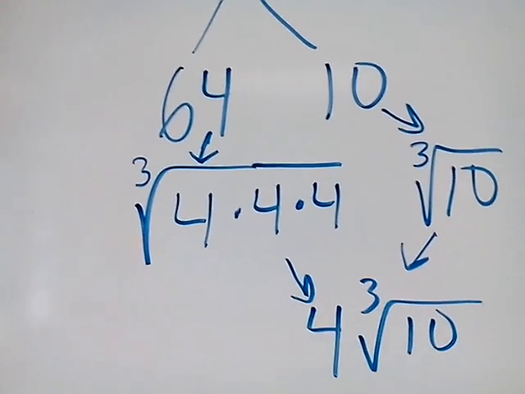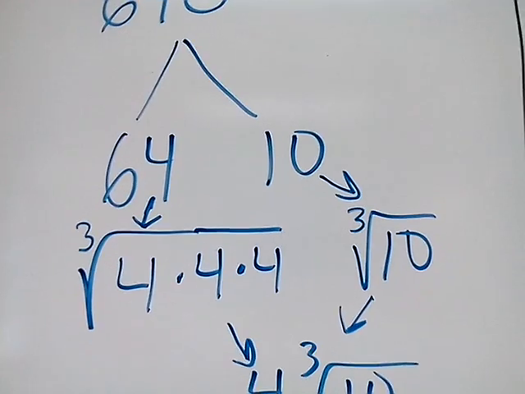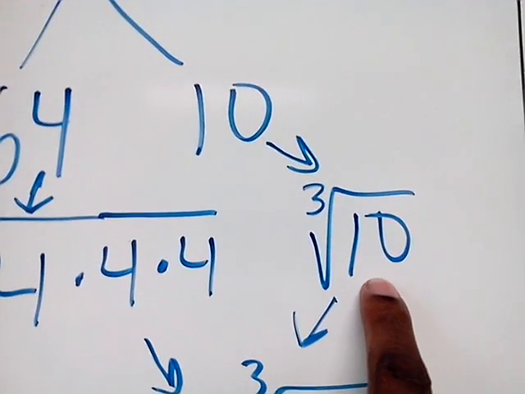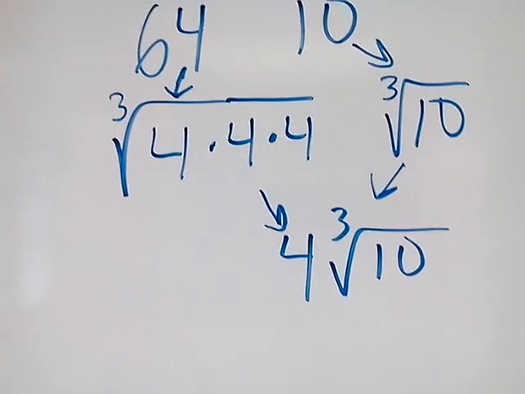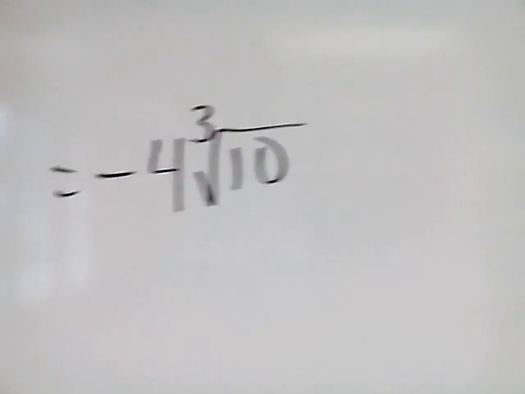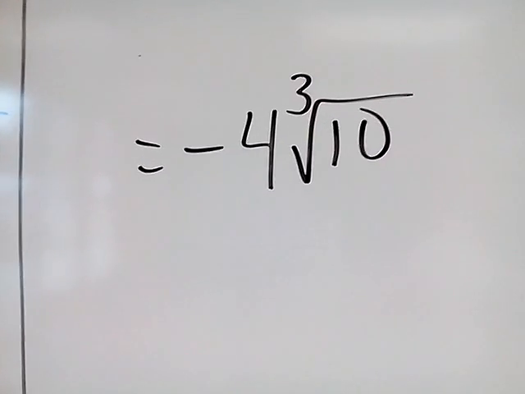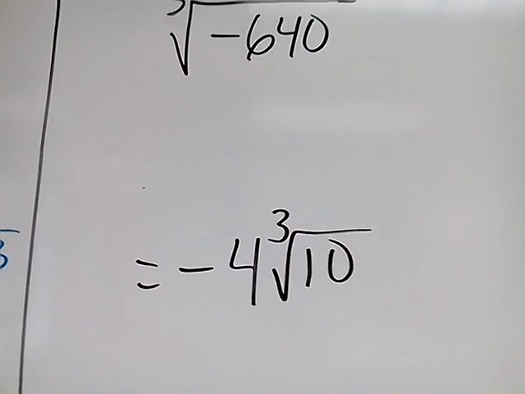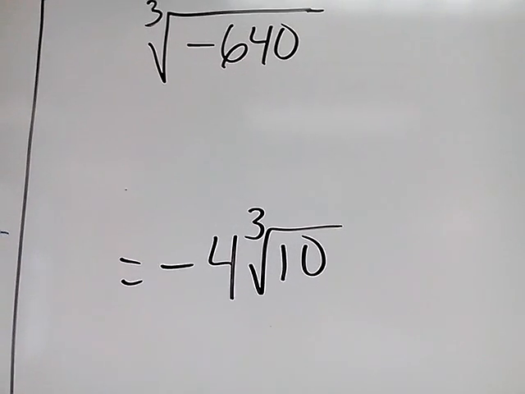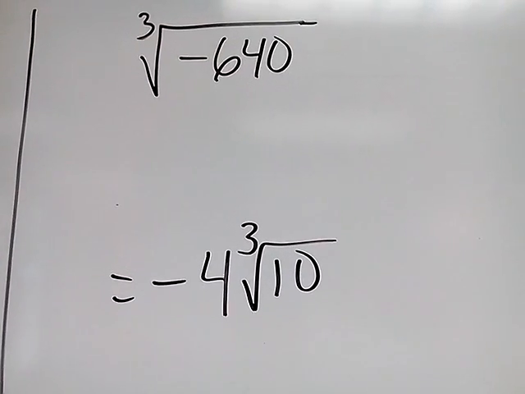So 64 is a perfect cube. We can't find a cube root of 10, so that stays inside of the radical. And our final result with the negative brought down is negative 4 cube root of 10.